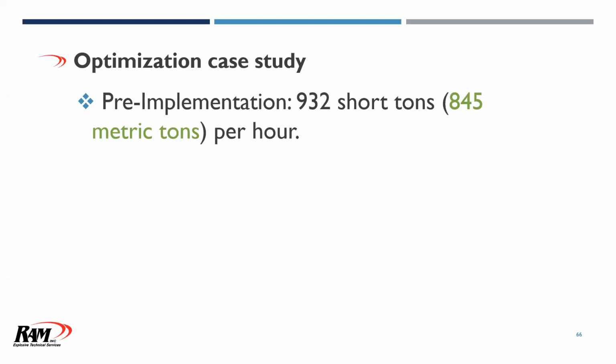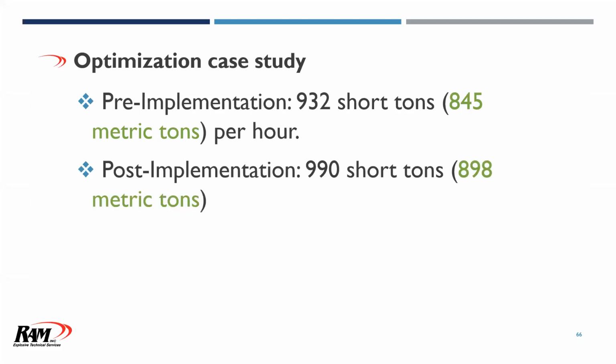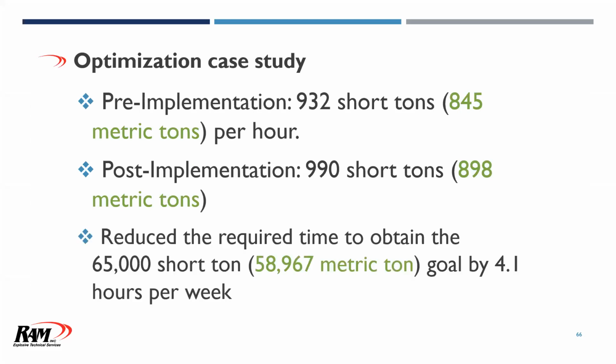So just to kind of give you the overview here, pre-implementation, we were 932 short tons, 845 metric tons per hour. Post-implementation, 990 short tons, 898 metric tons per hour. So definitely a good jump there.